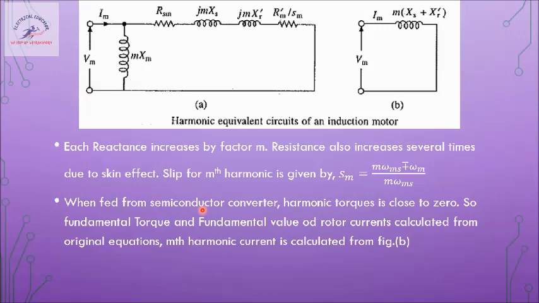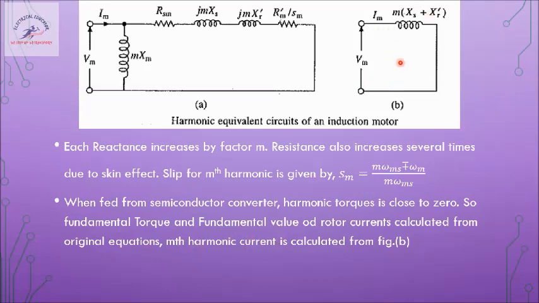So the fundamental torque and fundamental rotor current values are calculated from the original equations, which we discussed in the analysis part at the beginning of this module. The same torque equation and rotor current equation hold good for the fundamental. Whereas for the mth harmonic, the current value is calculated from this particular circuit.